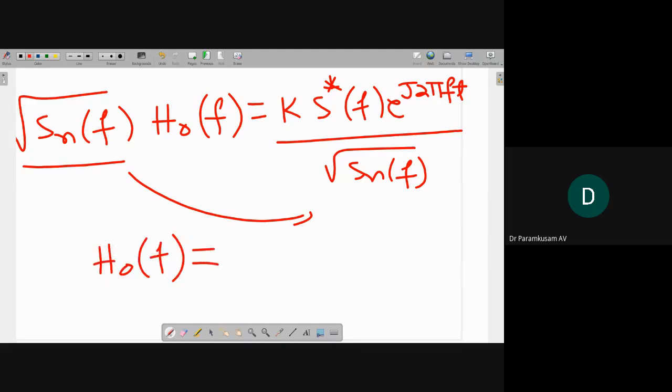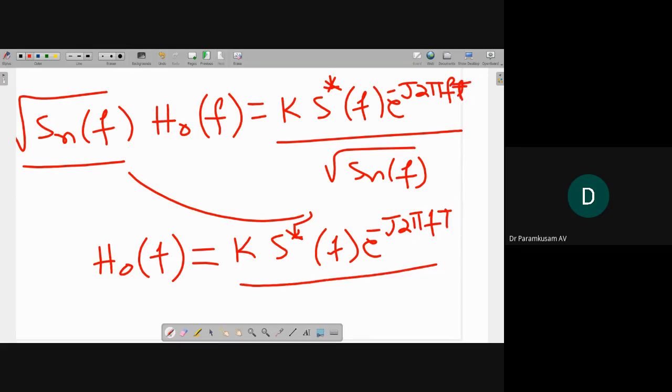So finally, H naught of f is equal to, the equations all follow automatically from the previous equations, k into S star of f e power minus j 2 pi f capital T divided by Sn of f.